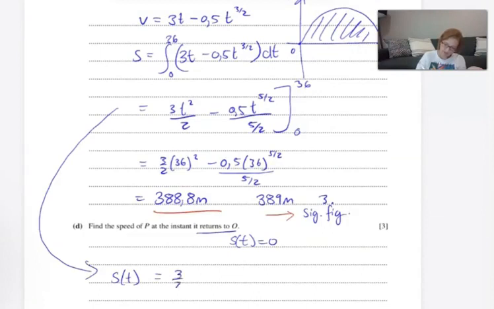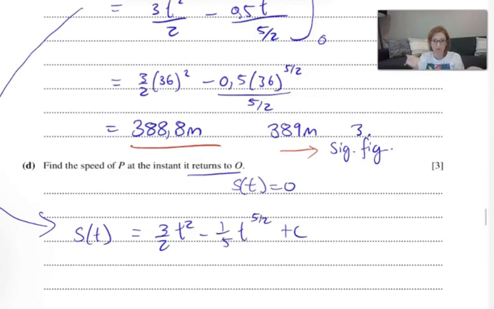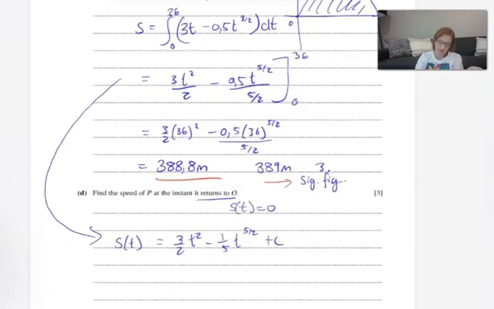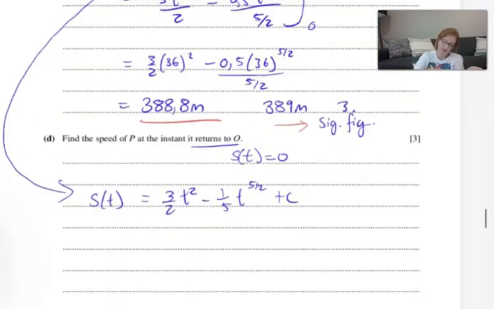I've got 3 over 2 t squared minus, and then I'm just going to simplify this a bit, 0.5 divided by 5 over 2. That gives me 1 over 5 t to the power 5 over 2 plus c. Okay, so if we were to do an indefinite integral, we would have to add the plus c, but I know that I started from the origin, so my c is actually going to be 0. Okay.